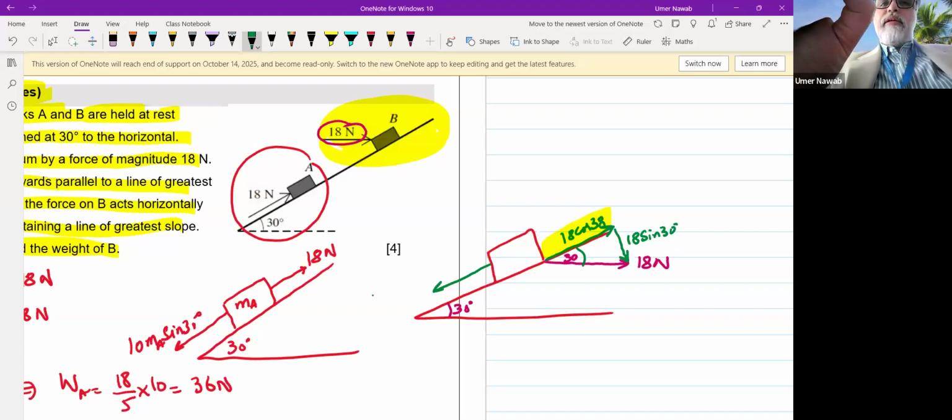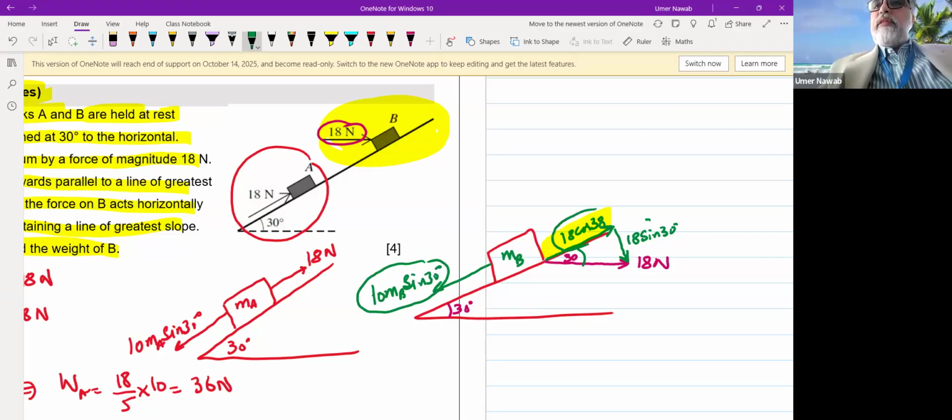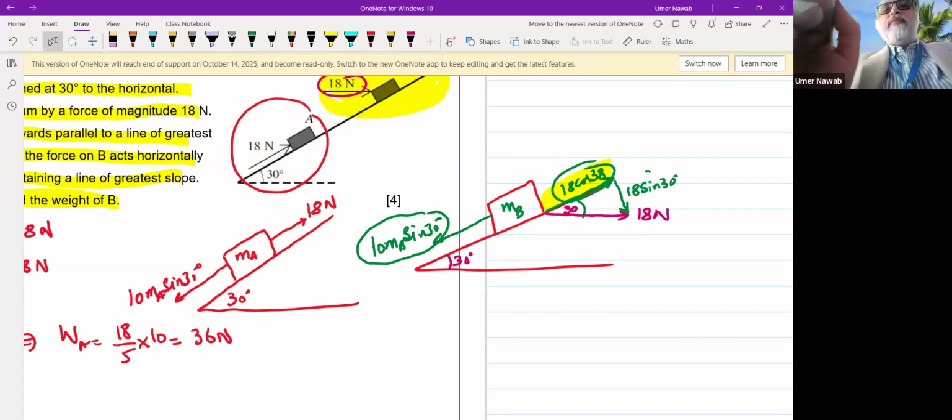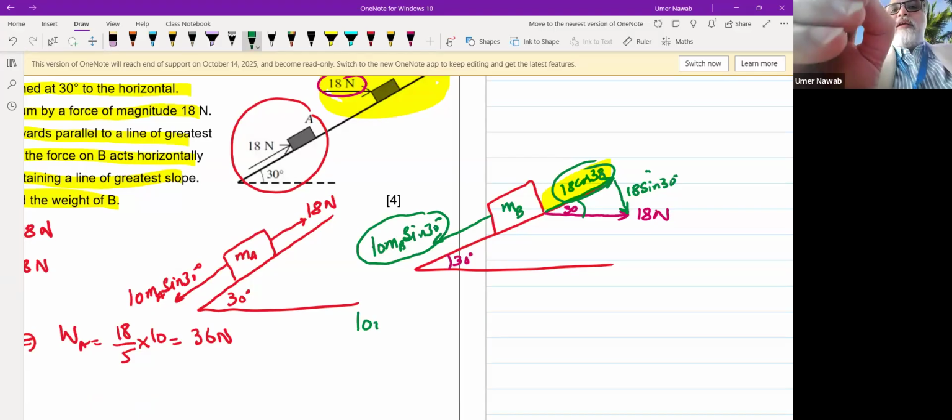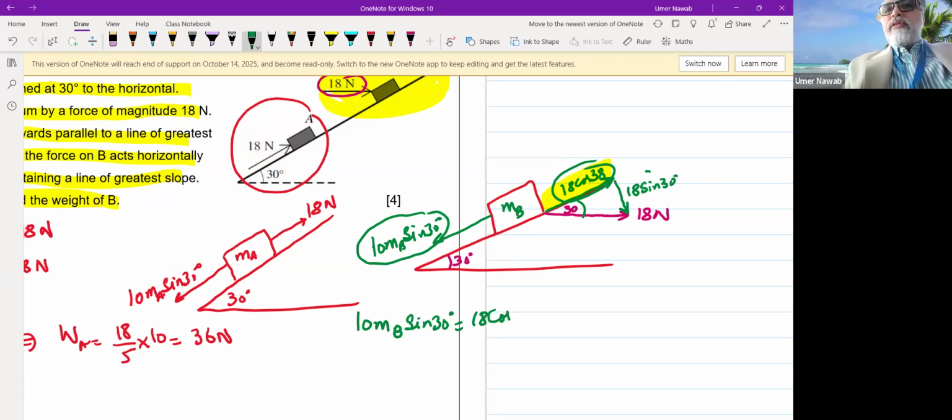That is 10 MB, the mass of particle B, I don't know the mass of the block, times sine of 30. So I'm going to write this equal to this, since this particle is in equilibrium. So 10 MB sine 30 equals 18 cosine of 30.